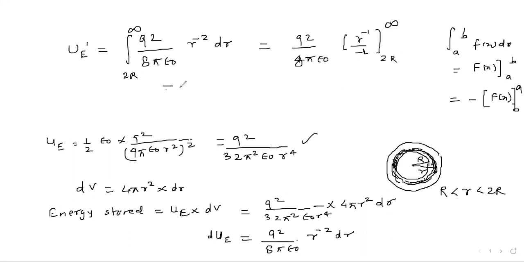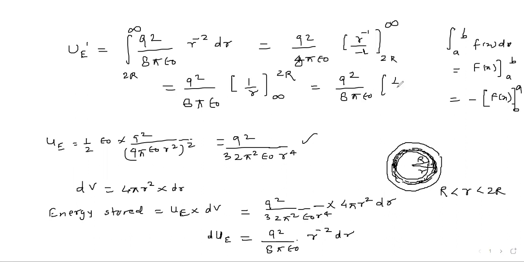So we can write it as Q square upon 8 pi epsilon naught, and this is just 1 upon r, limits infinity to 2r. We simplify it, it becomes Q square upon 8 pi epsilon naught, 1 upon 2r minus 1 upon infinity.